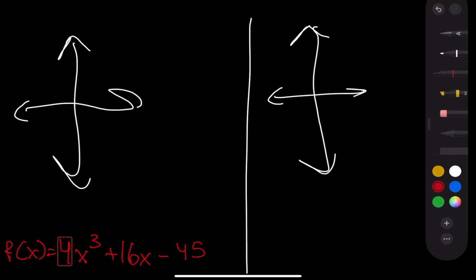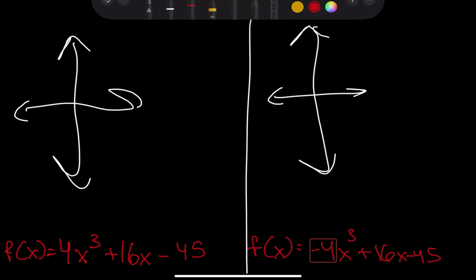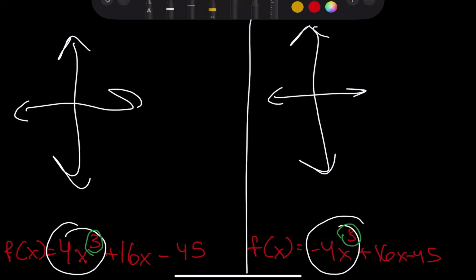F of x here is now going to be negative 4x cubed plus 16x minus 45. For now, what we want to focus on is mainly just our leading terms. What do we notice this time? The degree is odd. This one is positive, and this one is negative.